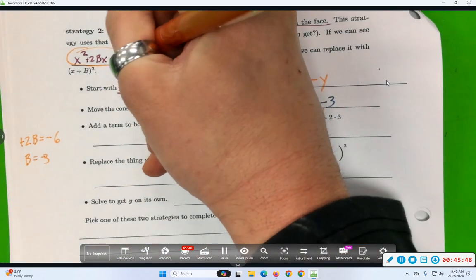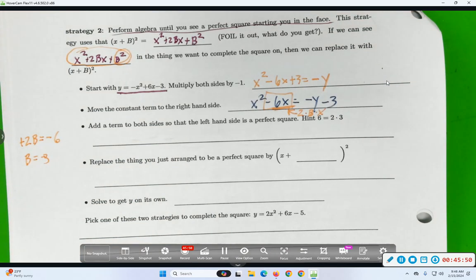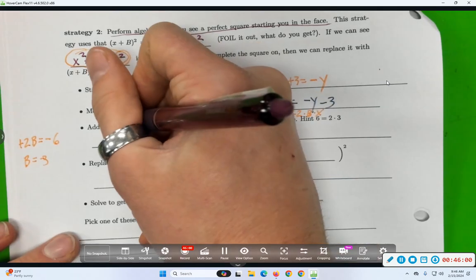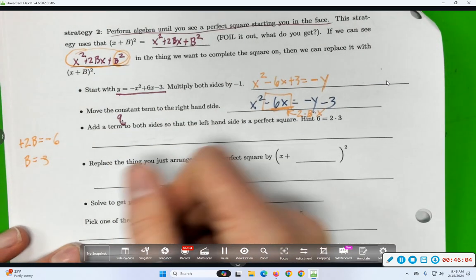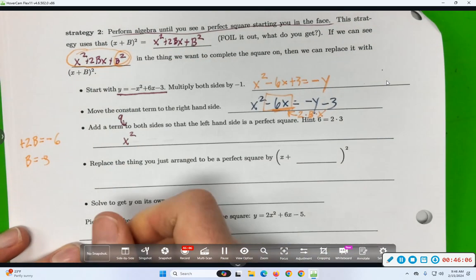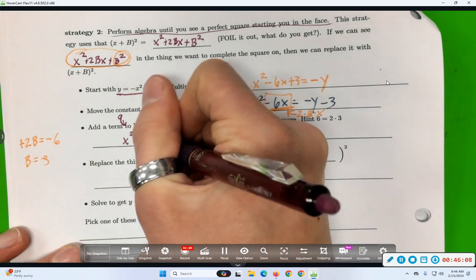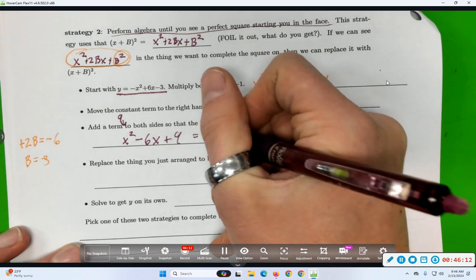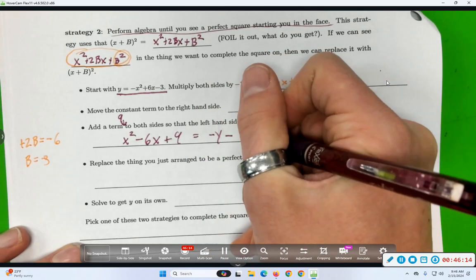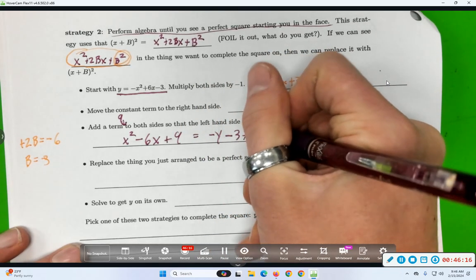But for that b to be negative 3, I need to see a b squared if I'm going to use that formula. So what should I add to both sides? Plus 9. So let's add 9 to both sides just so I can see that showing up. This will become x squared minus 6x plus 9 equals minus y minus 3 plus 9.